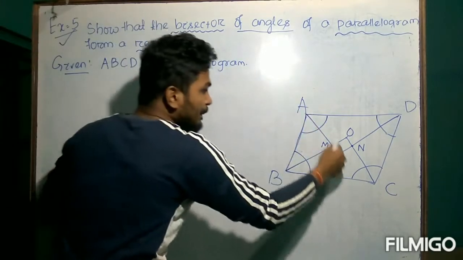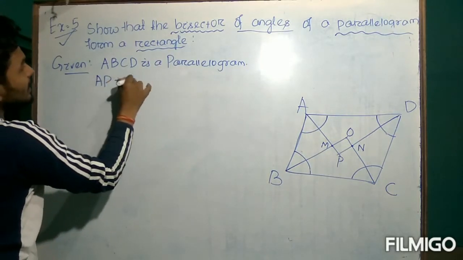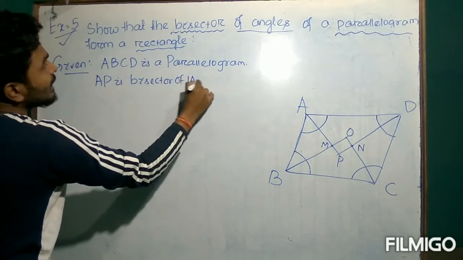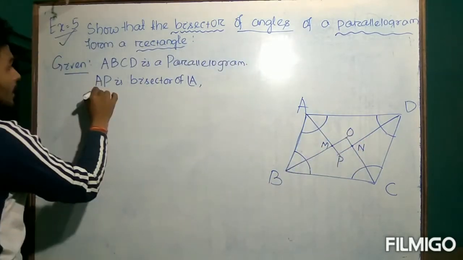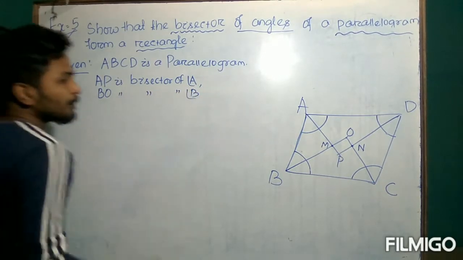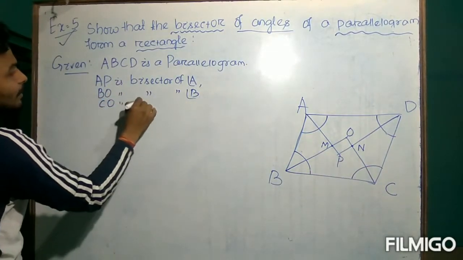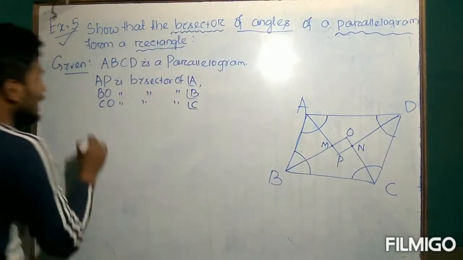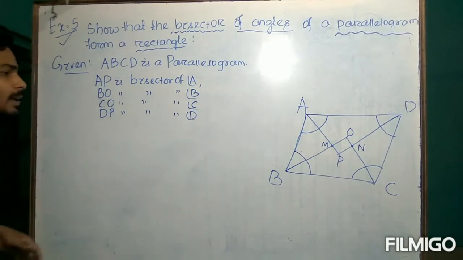Now AP is the angle bisector of angle A. Okay, so AP is bisector of angle A. Okay, BO is the bisector of angle B. Similarly, CO is the bisector of angle C, and DP is the bisector of angle D. Okay, are you clear?